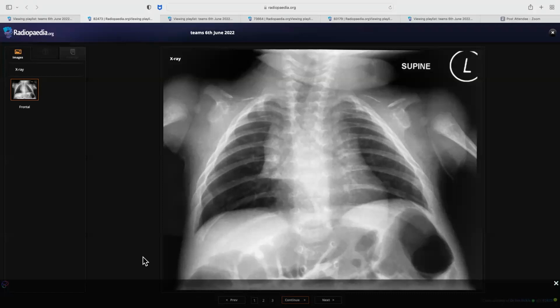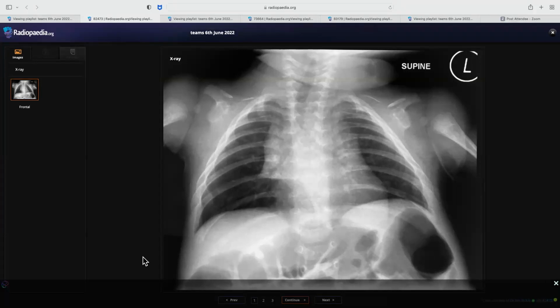Okay, so going back to the lung fields, I'm not able to find any lesion in the lungs. The lung fields are clear. The costophrenic angles are normal. The heart size seems to be within normal limits.